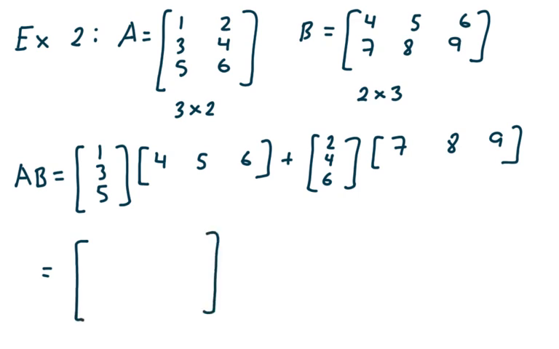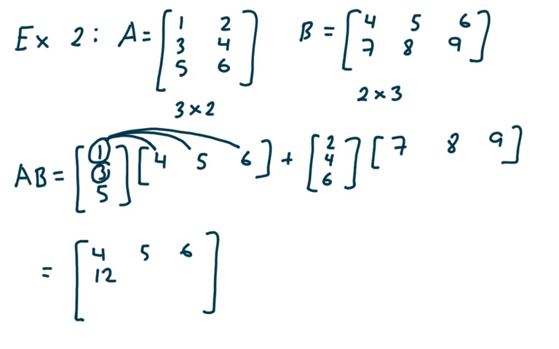Now, we're going to look at the first product. To get the first row, I'm going to take the entry 1 times the 4, the 5, and the 6. That's going to give me the first row. So I get 4, 5, 6. Okay? Then I'm going to take 3 times 4 to get 12.